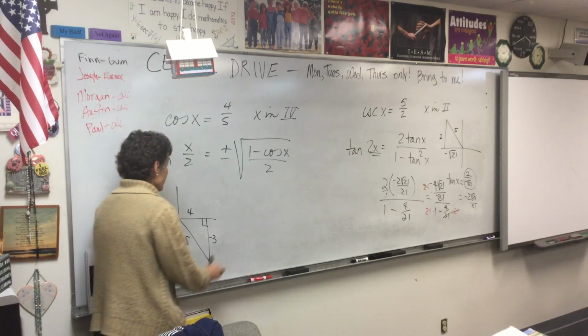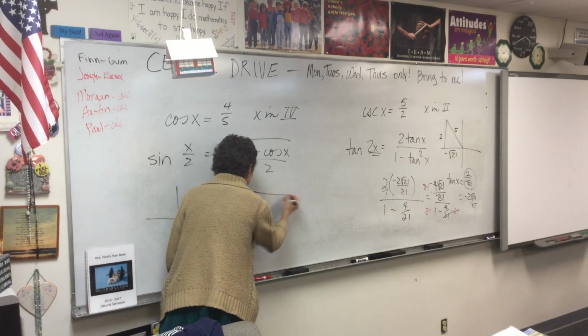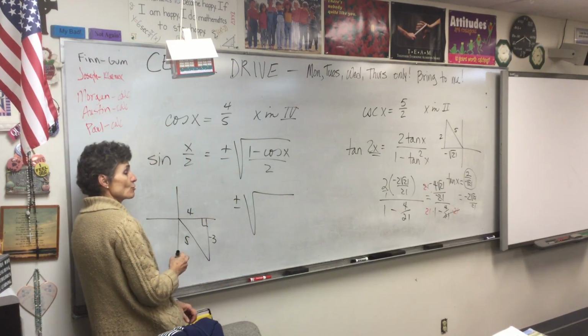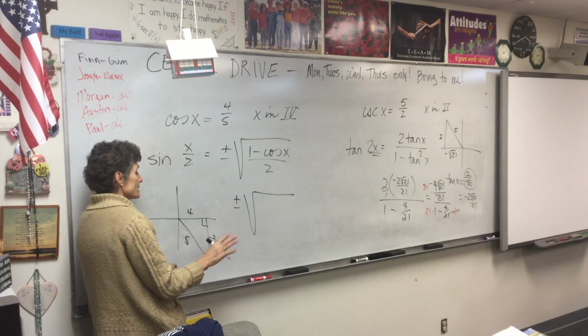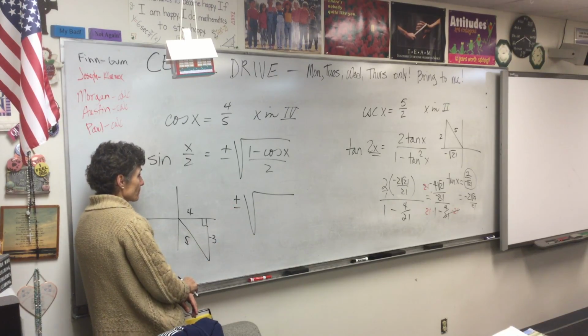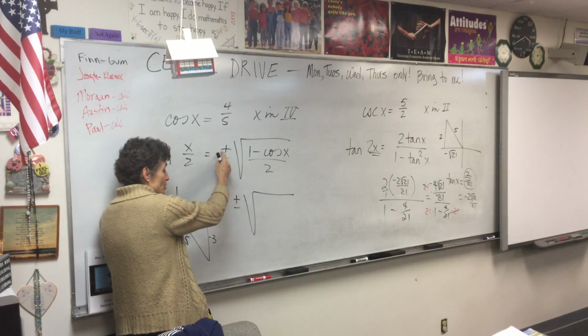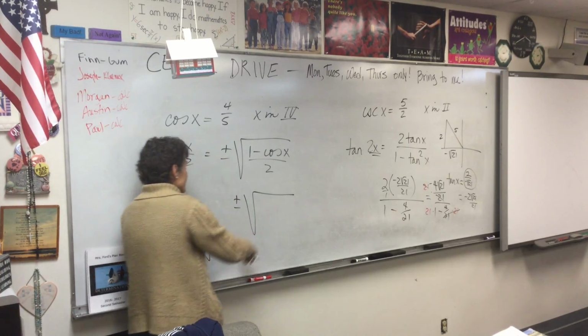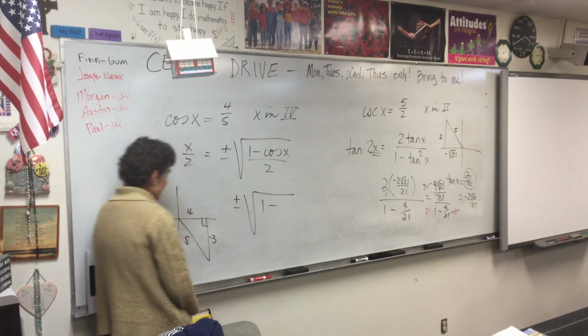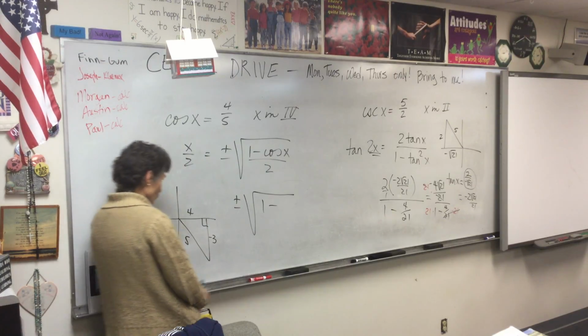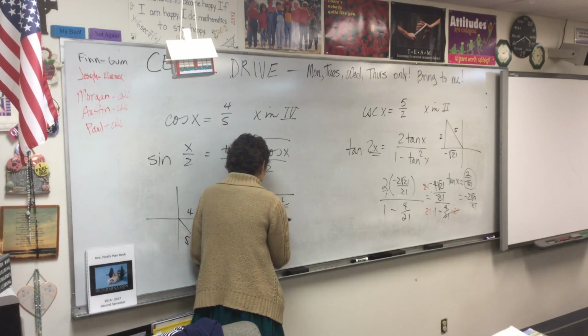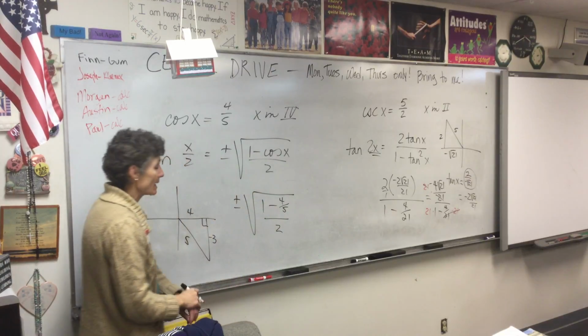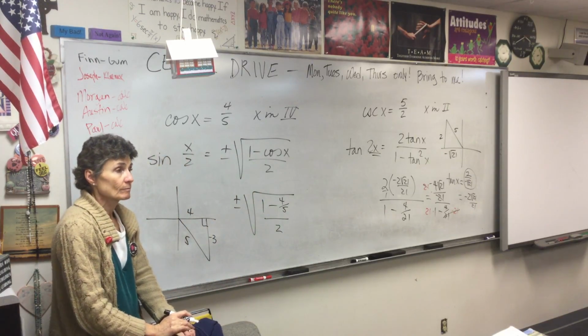Okay, now I'm going to plug my numbers in. Here we go. Things are going to get exciting here in a minute. So those of you that are trying to doze off, try to stay awake because it's going to get exciting. Woo! We're going to have to decide which of these we want. But first, let's take care of this. 1 minus the cosine. What's the cosine? 4/5 over 2. That's where I am at so far.